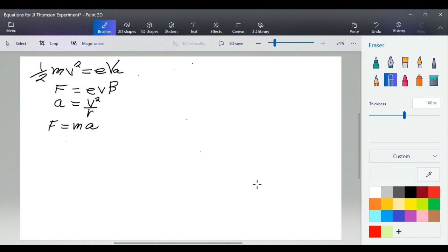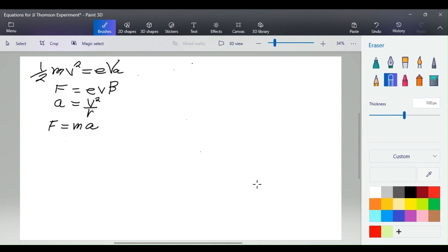Here's the force on the electron as it's doing that circular thing with the magnetic field that's deflecting it. So we have e, which is the charge of the electron, times the velocity of the electron, times the magnetic field. So if we know the magnetic field, then this will help us get to our final result here.